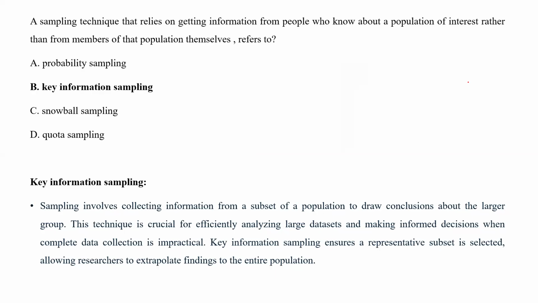It's not possible to study everyone every time, so for making informed decisions, complete data is impractical. So key informant sampling ensures a representative subset is selected. Some group is selected and they will do it, like dividing team-wise, allowing researchers to explore the entire population. They just take a subset to select.